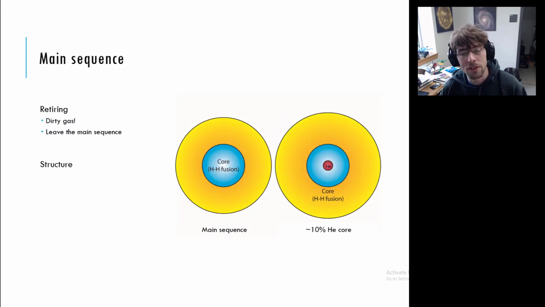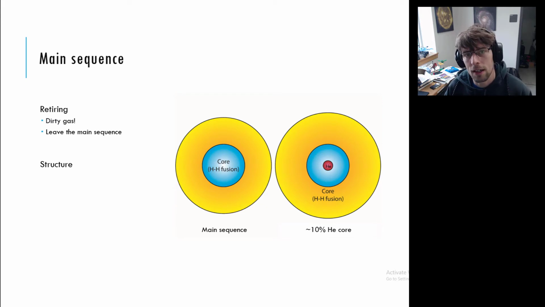Okay. So a main sequence star has this nice core hydrogen-hydrogen fusion process going on. I'm using the yellow to represent a portion of the star that does not do the fusion process. Now, for simplification purposes, you can think that as this hydrogen process continues, you slowly form additional helium in the core.